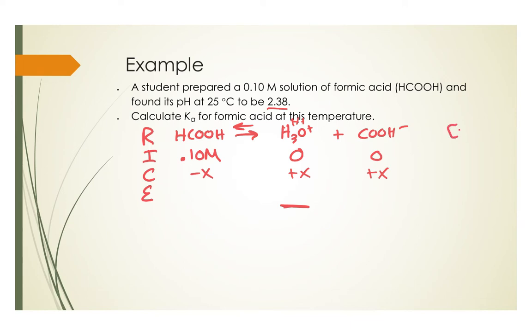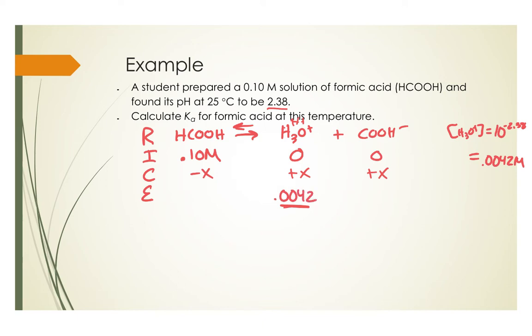So the concentration of H3O plus is 10 to the negative 2.38, which equals 0.0042 molar.